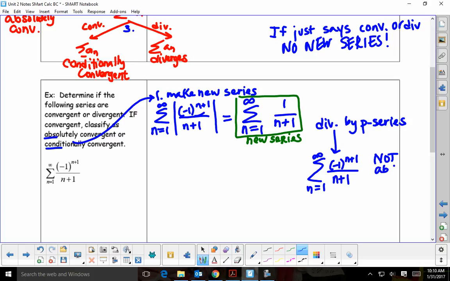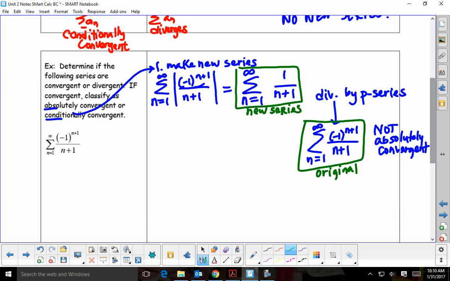Okay, it's not absolutely convergent. Does that make sense? And this was our original. So that's all I know so far. I have left to determine, well, does it just diverge or is it conditionally convergent? Yes? So now I take the original series.